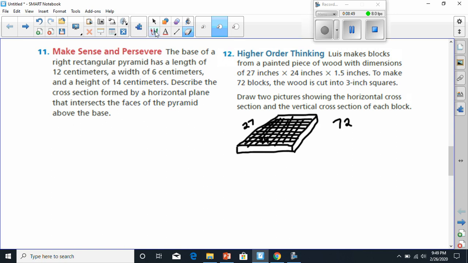So I guess they're wanting these correct terminologies here. Hold on. The vertical, which is the up and down, is going to still be 1.5, because we didn't cut that. That'll be 1.5, but it will be 3 long.